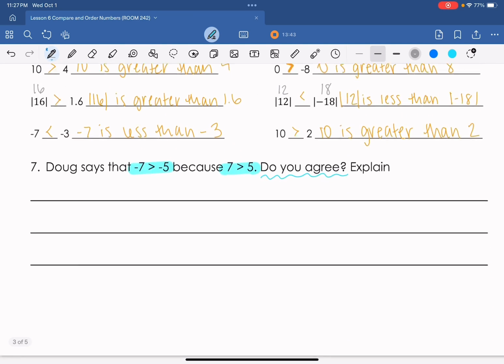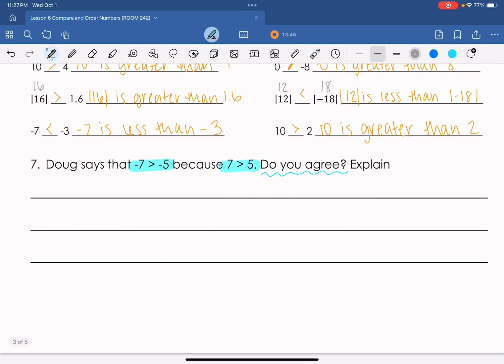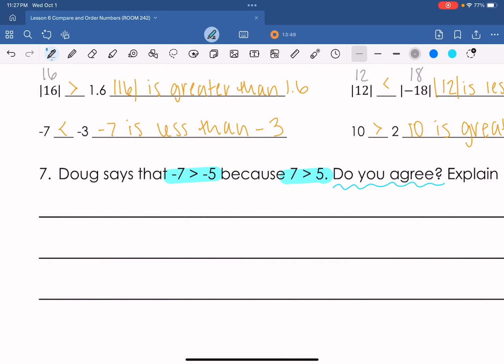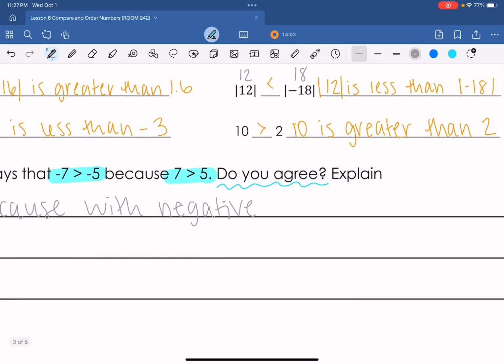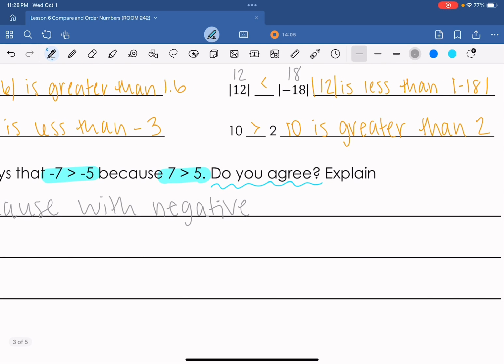So, do we agree with our friend Doug? No. Because with negative numbers, the further away from 0, the smaller the number.